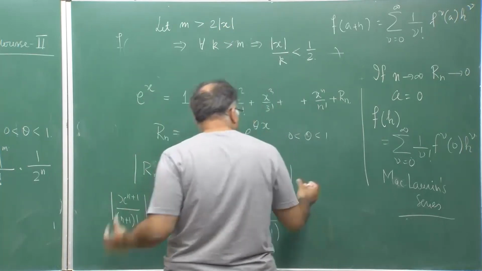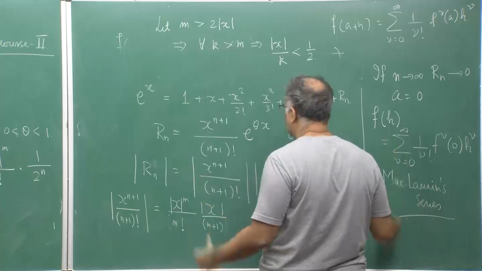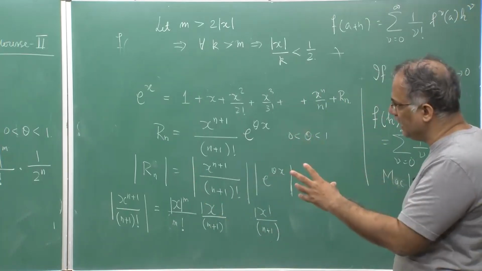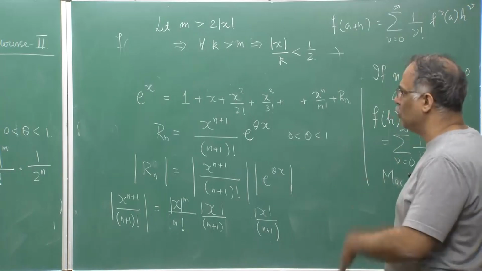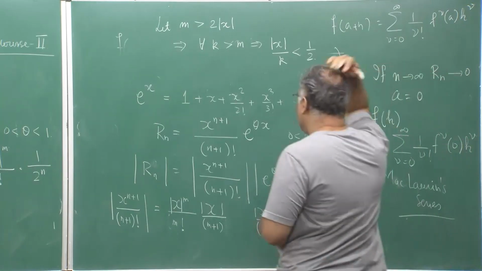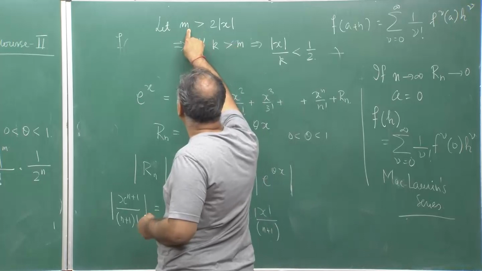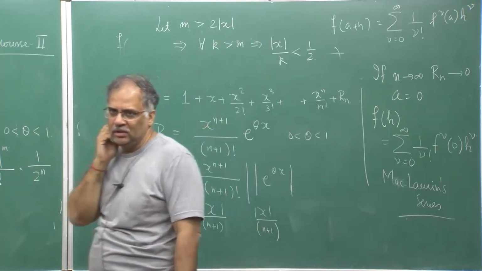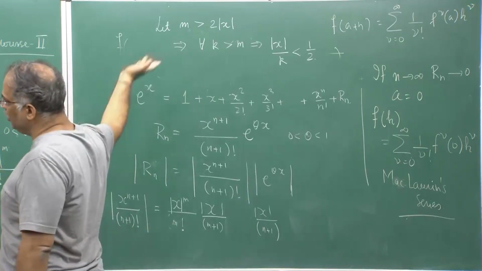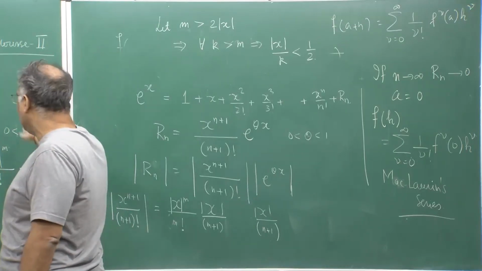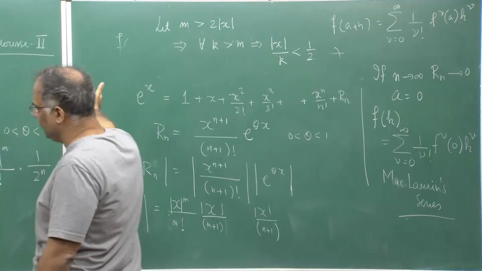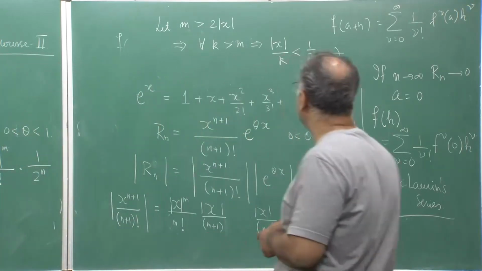So, we have fixed an x and we are just looking at that particular x, and because our x is arbitrary, this game will operate for all x. Whatever be the x, you always choose m strictly greater than 2 mod x, and you can always choose your n to be much bigger than that m, because e to the power x is infinitely differentiable.